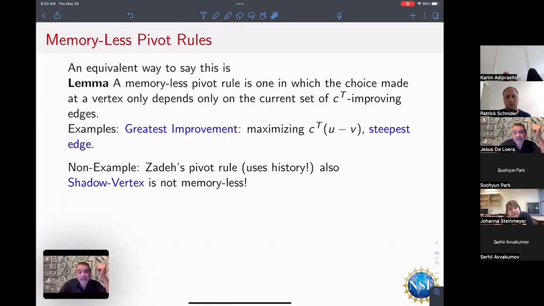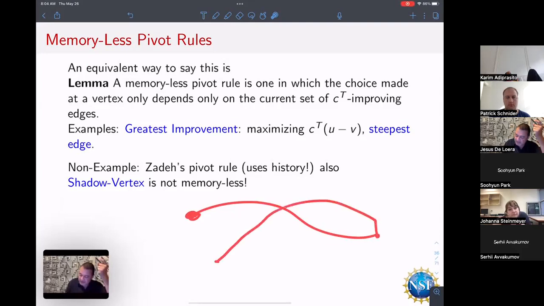Examples that are not memoryless: I already told you Shadé's pivot rule uses the history. And in fact, the shadow vertex pivot rule, if you implement it the way that people define it, because you define the projection in a unique way, you might revisit a vertex several times. You might do something like this: you go on a path like that if you start with this vertex, but if you start here, you go on a different path.